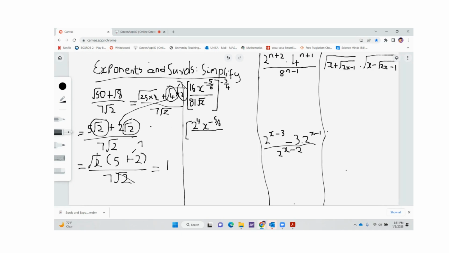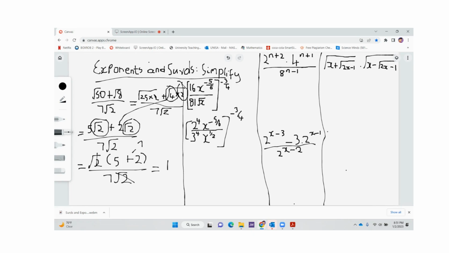So we are looking for the lowest base. You can still use 9 squared, but between 9 squared and 3 to the power of 4, the one with the lowest base is 3 to the power of 4. Remember, changing square root to an exponential form is going to be to the power of half. You should know that in your sleep. All of this to the power of minus 3 over 4.